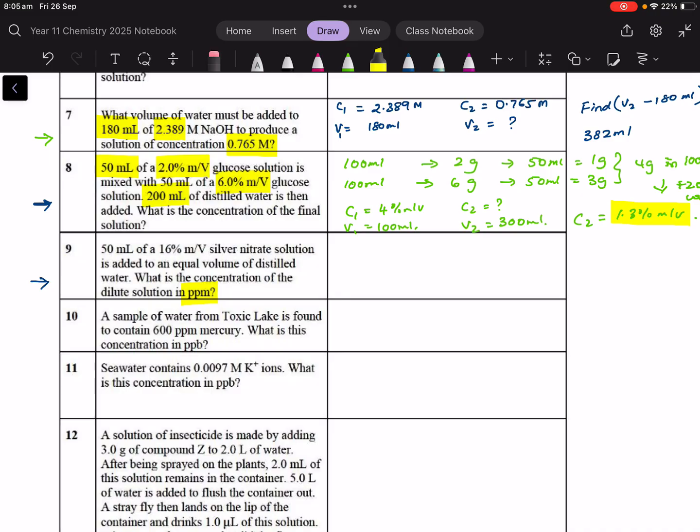We have grams in 100 milliliters. So let me just write that down. So in 100 milliliters, I have 16 grams of silver nitrate, AgNO3. So I have 50 milliliters, which is 8 grams.